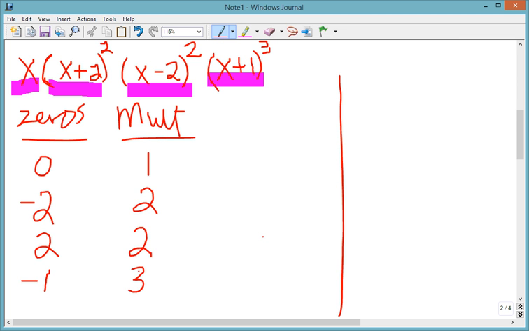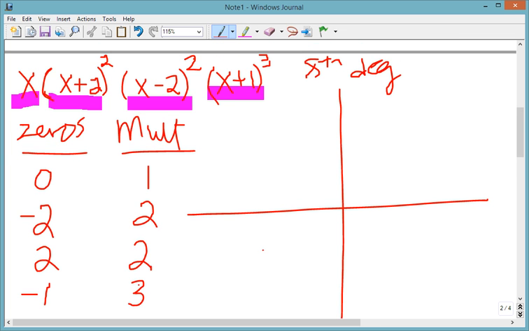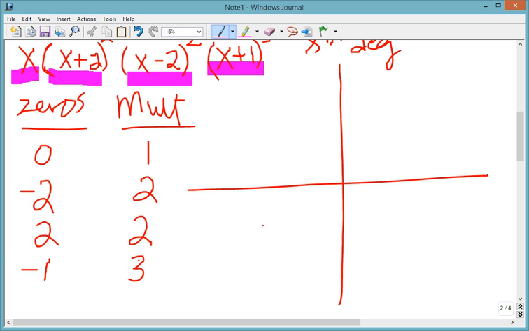All right, so when we graph this, we know that we're looking at 1, 2, 3, 4, 5, 6, 7, 8. So this is an 8th degree polynomial, right?